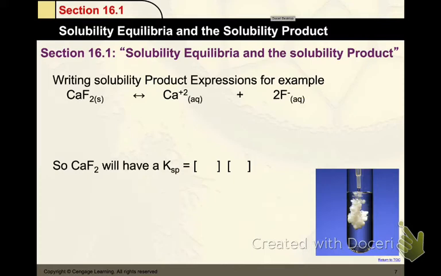So if we're just going to fill this in, we have Ca2+ and F- squared.